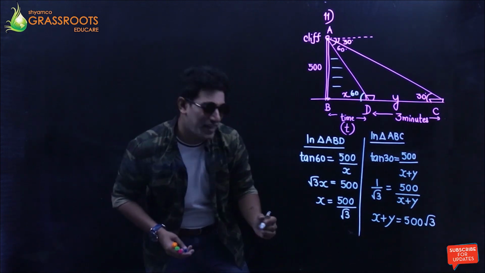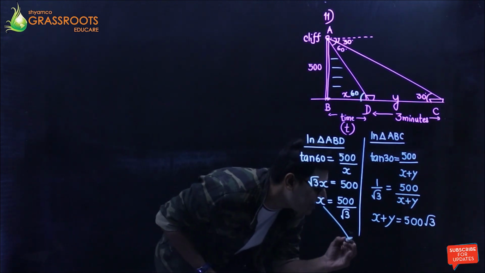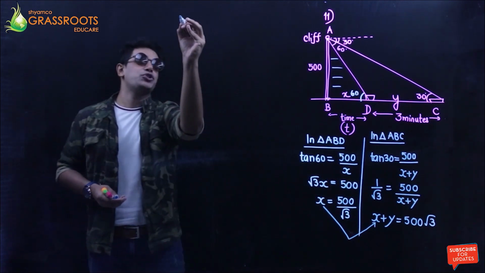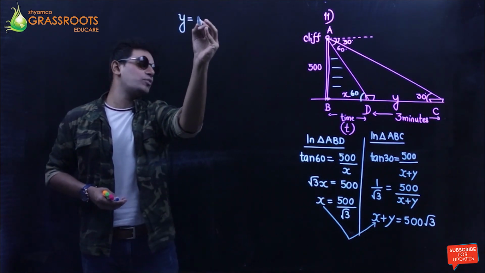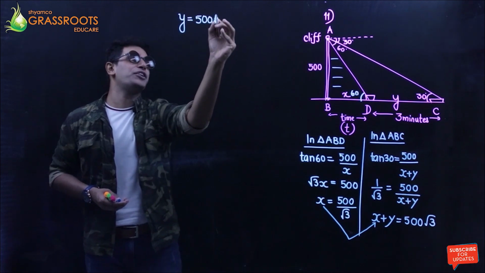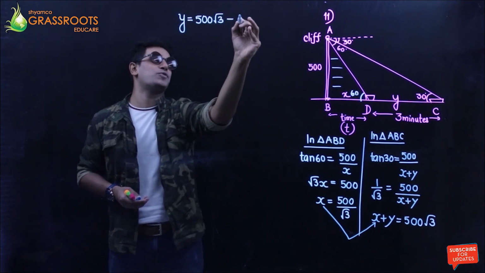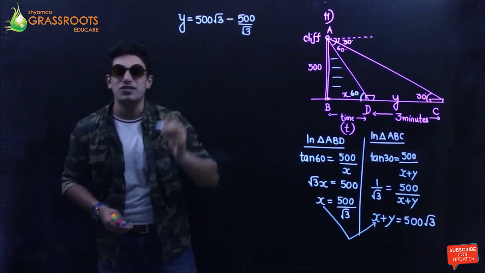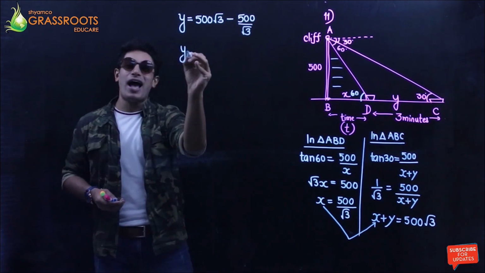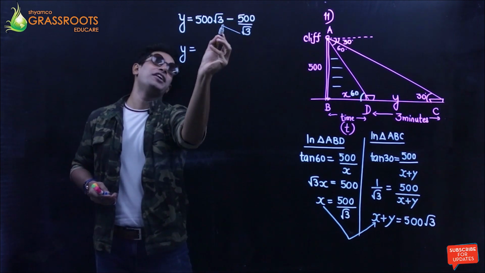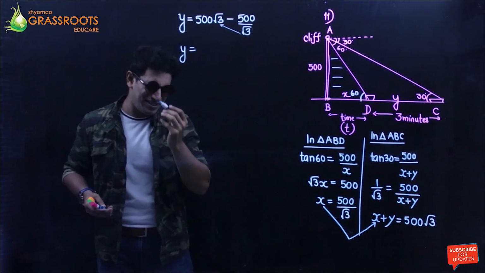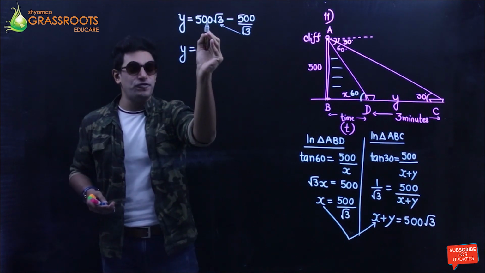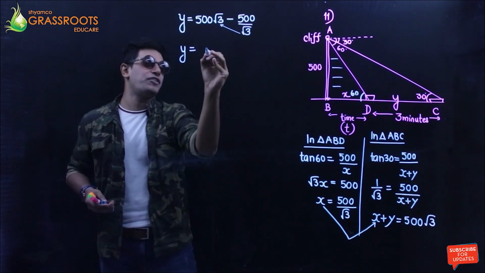Lovely. What you do is you substitute the value of X out here and shift it. So you get Y is equals to 500 root 3 minus X, which is 500 over root 3. Cross multiply. Y should be, come on, what is root 3 into root 3? I'm tired. 3 into 500, 1500 minus 500.